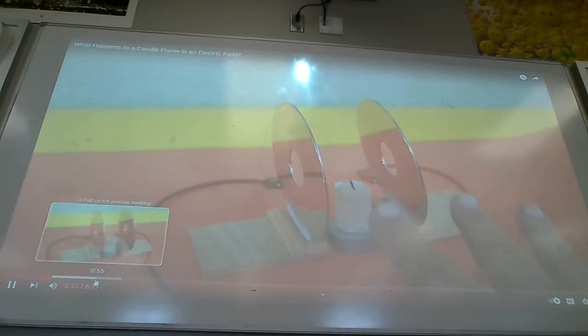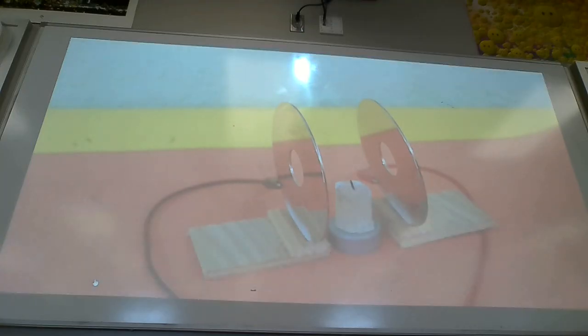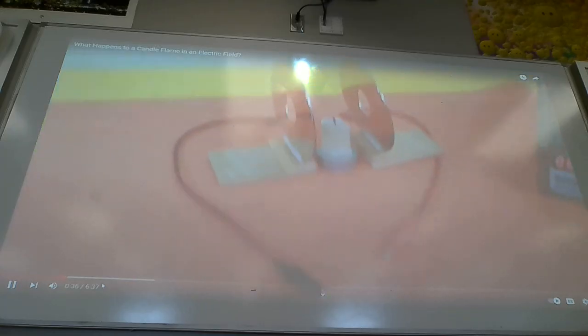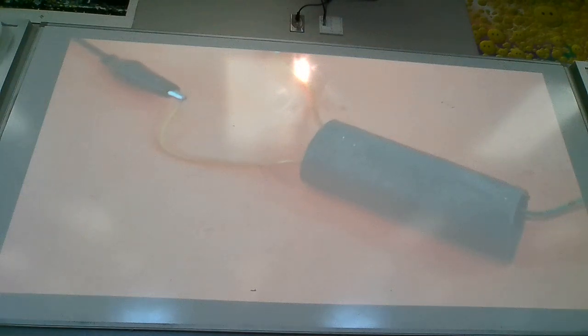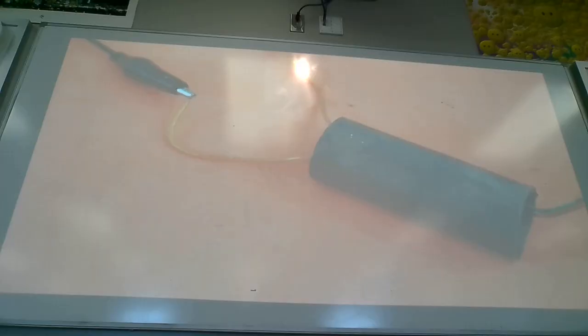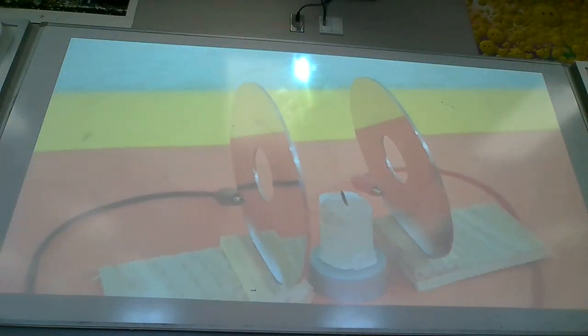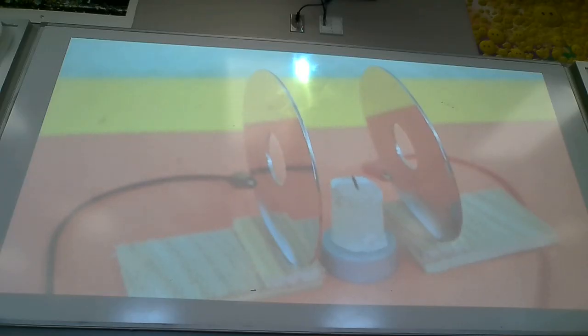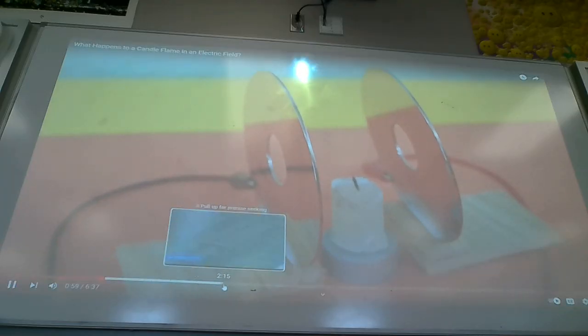Between these plates, a high electric field will be created because we're going to connect the plates to a high voltage power supply. This little power supply can provide between 10 12,000 volts and is connected to a regular power supply. So we will see what is the effect of the electric field I feel like I can do in that. the candle flame.